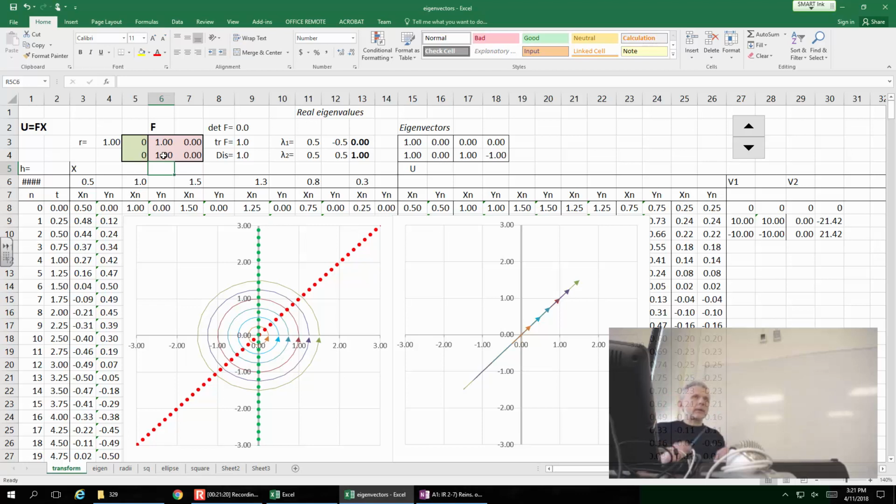Okay, let's just start over. The projection, suppose I want to do projection on the x-axis. What does the matrix look like? Once again, the two columns are the images of the two basis vectors. So the first basis vector is 1, 0. Where does it go?